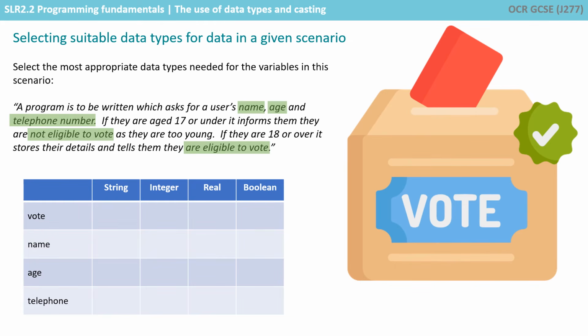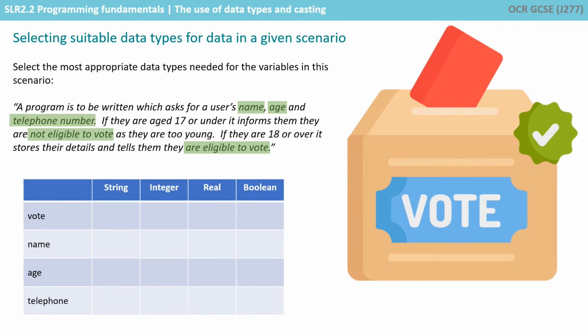So the first thing you have to do is study the scenario and work out all the variables that you would need. Well, the program is asking the user for their name, their age and their telephone number, so it seems sensible that these need to be variables, and I've called them name, age and telephone number. But it's also storing their eligibility to vote, so I've got one more variable called vote.